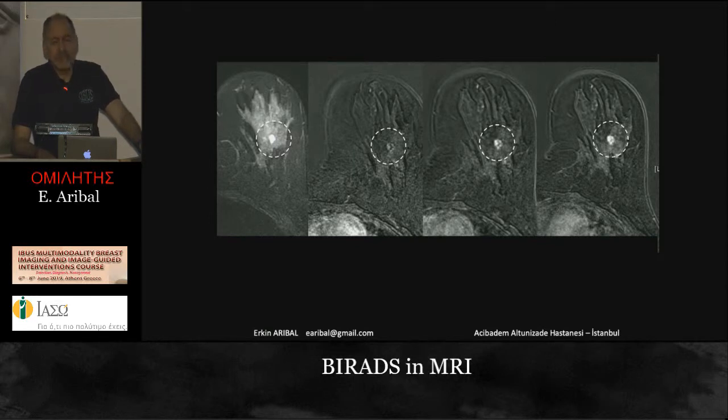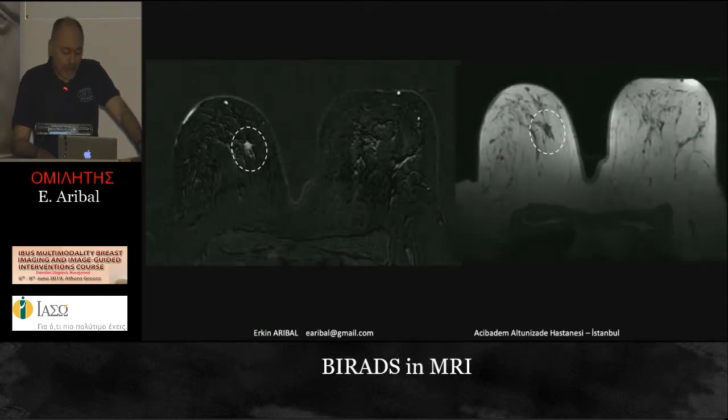So these are the findings that you see in benign masses mostly. So T2 bright and black septa inside, and slowly rising, increasing enhancement. And this shape is oval and it's circumscribed.